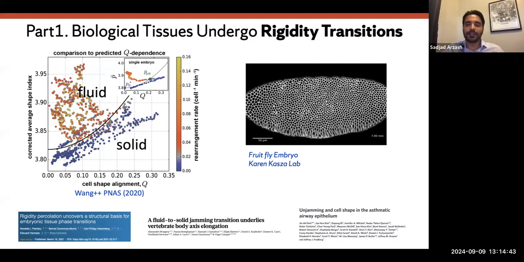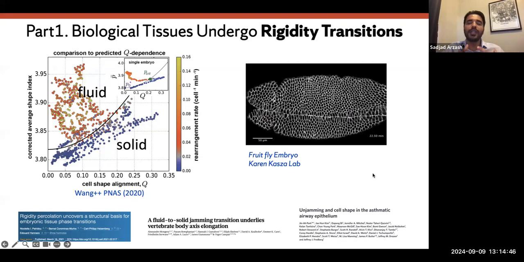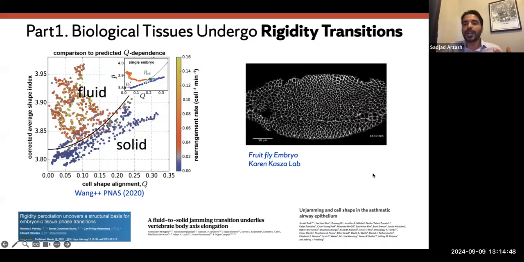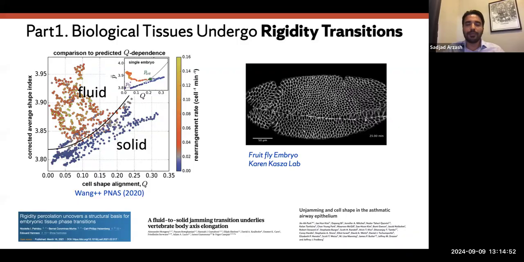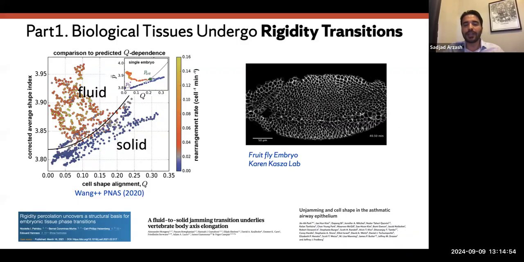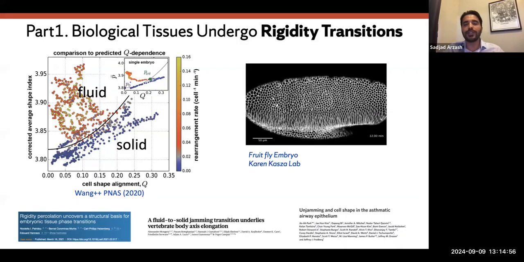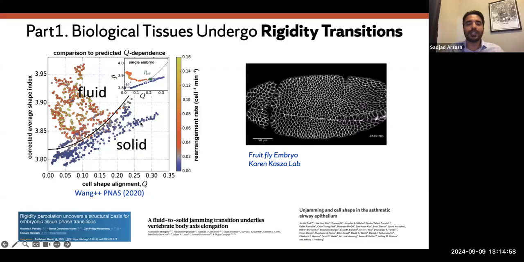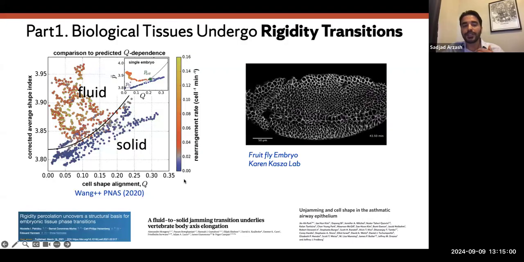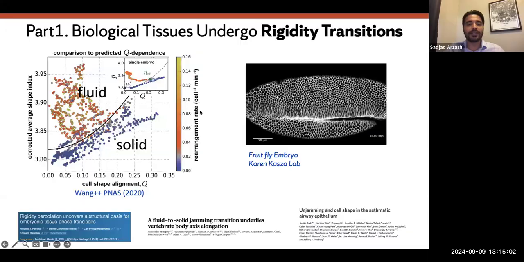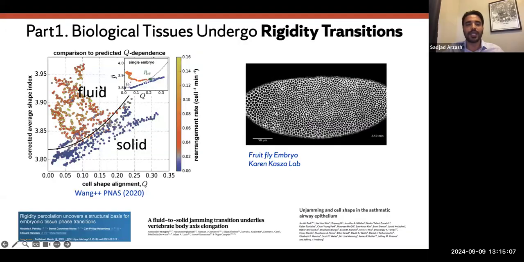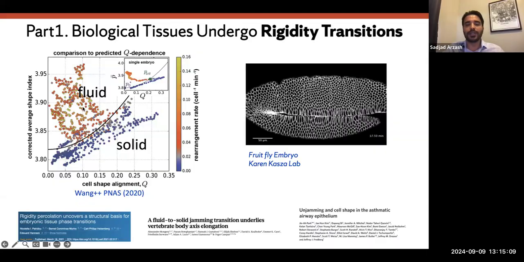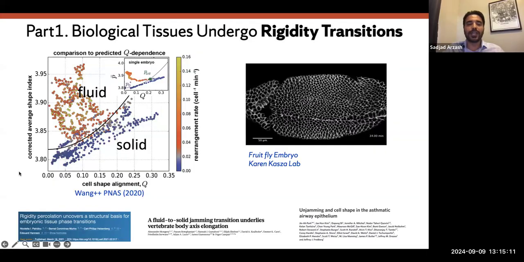Biological tissues, these epithelial tissues, are known to undergo rigidity transitions. Here I'm just citing a few papers out there that people have looked at for this rigidity transition in tissues. Specifically, this paper from a few years ago showing this nice separation of the solid-like state of these tissues and the fluid-like state of these tissues by just looking at geometry.